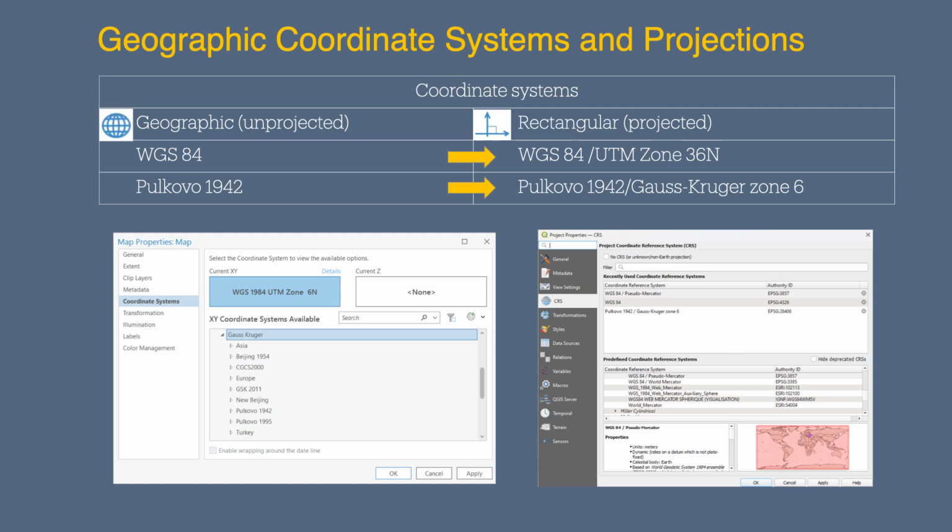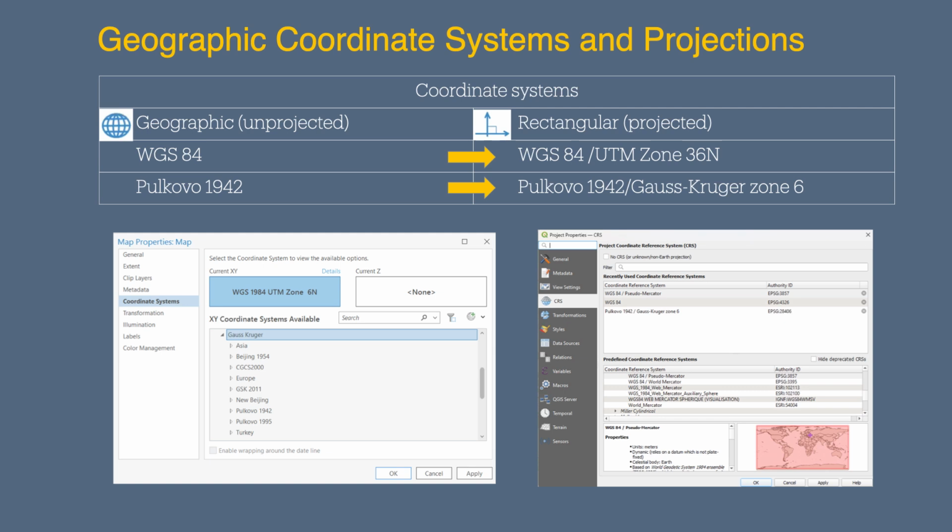To work effectively with spatial data, it's very important to understand which coordinate system and projection are used. When analyzing data from different sources, all data may need to be converted to the same coordinate system and projection to ensure accuracy and consistency.